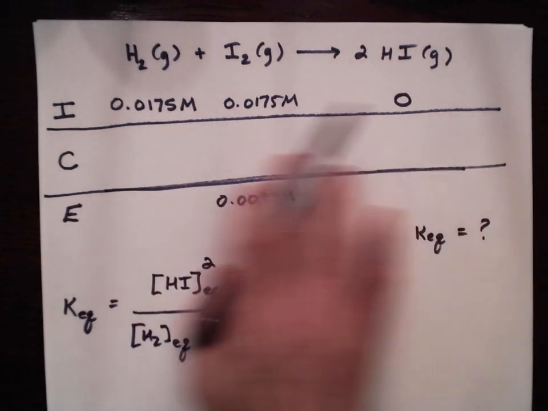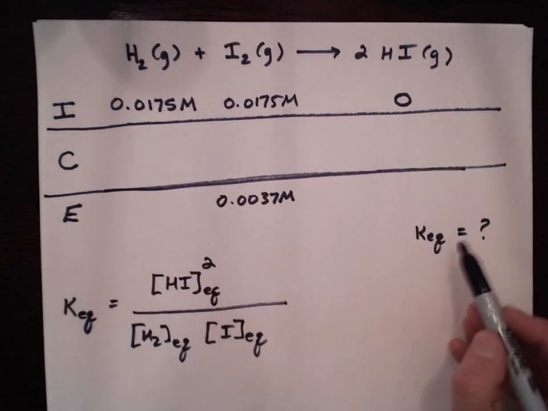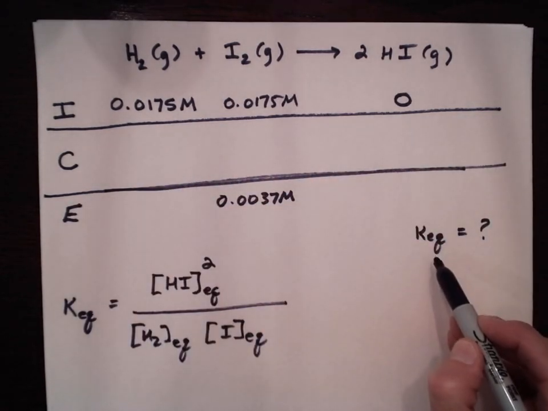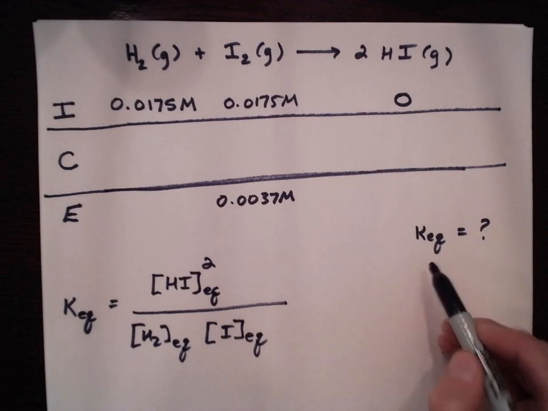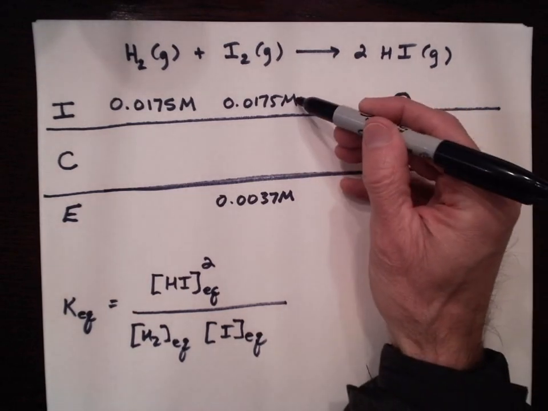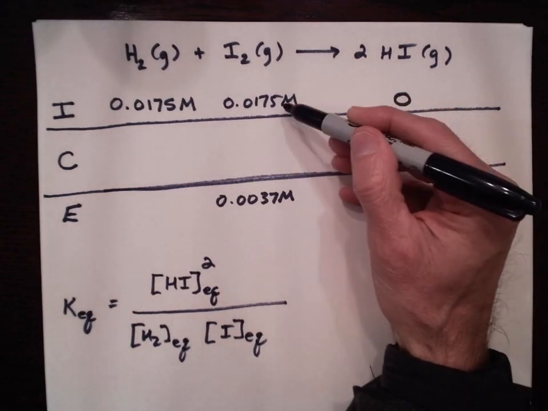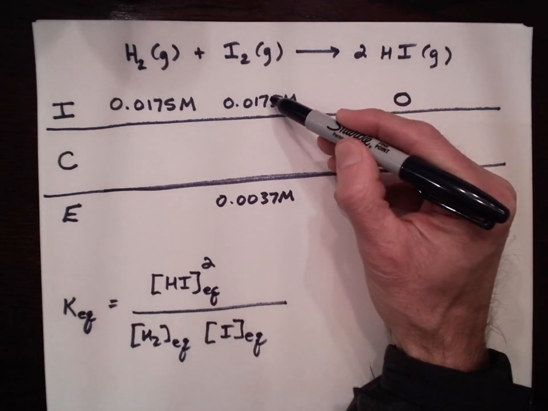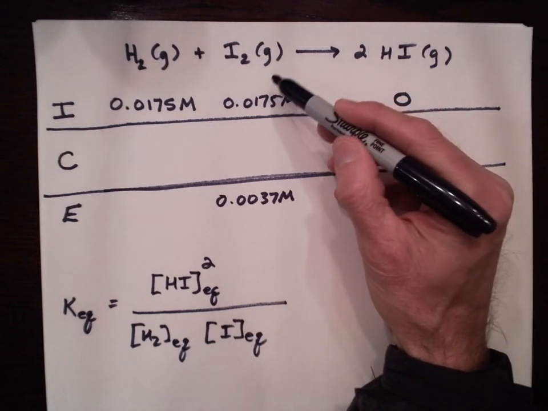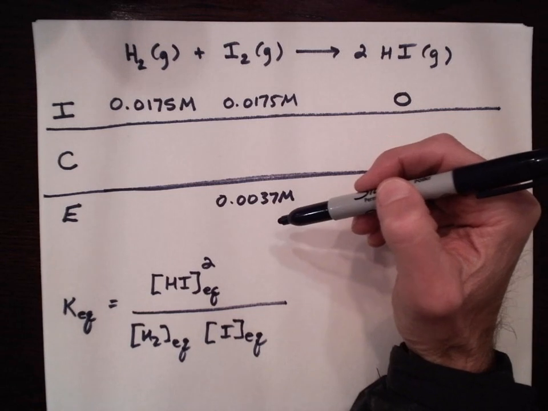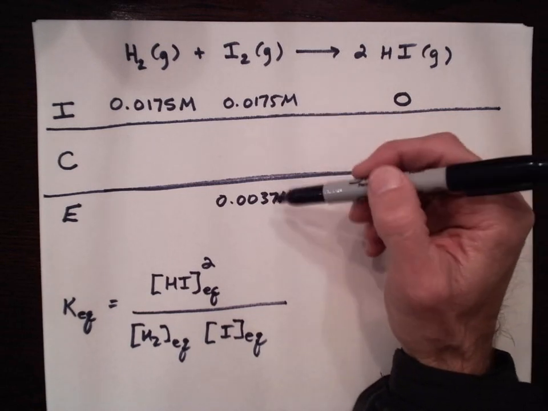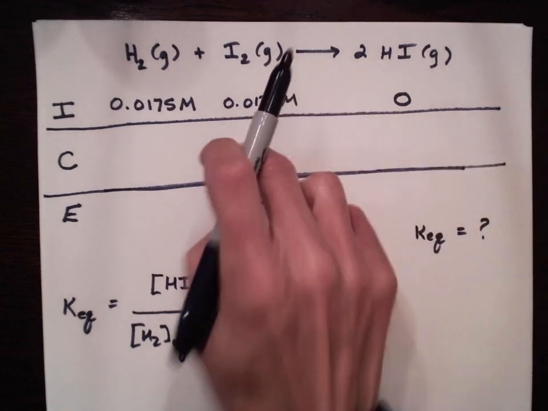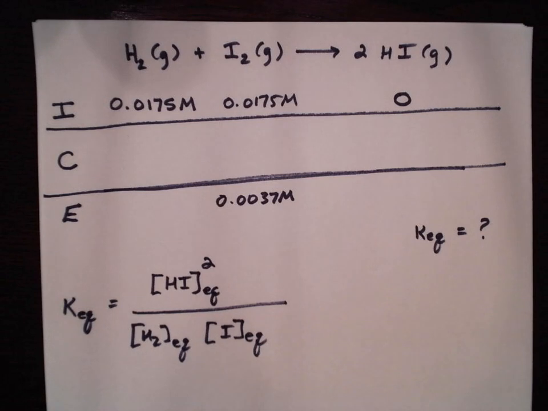So if this is the information given, how can we find the numerical value of the equilibrium constant? What we can do is we can certainly find the change that's occurred in order to go from 0.0175 molar iodine to 0.0037 molar iodine. So this difference will tell us how much of a change occurred.